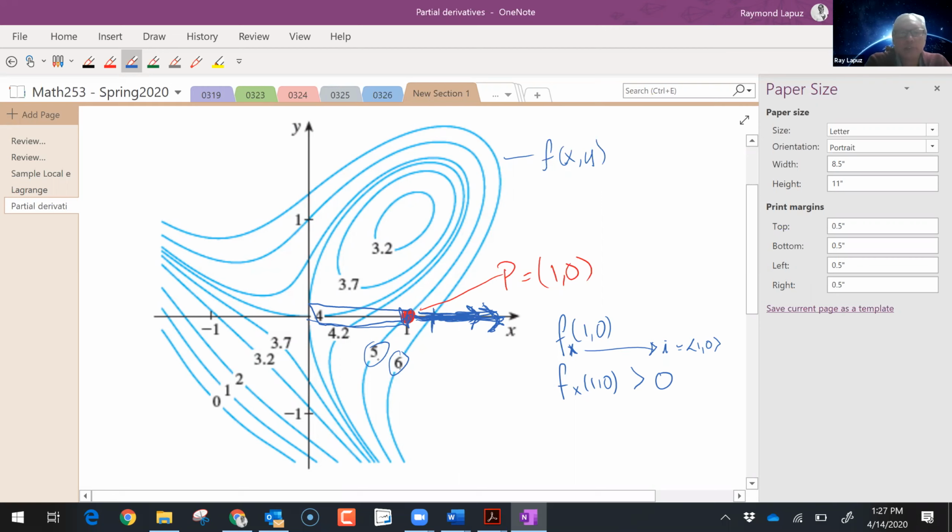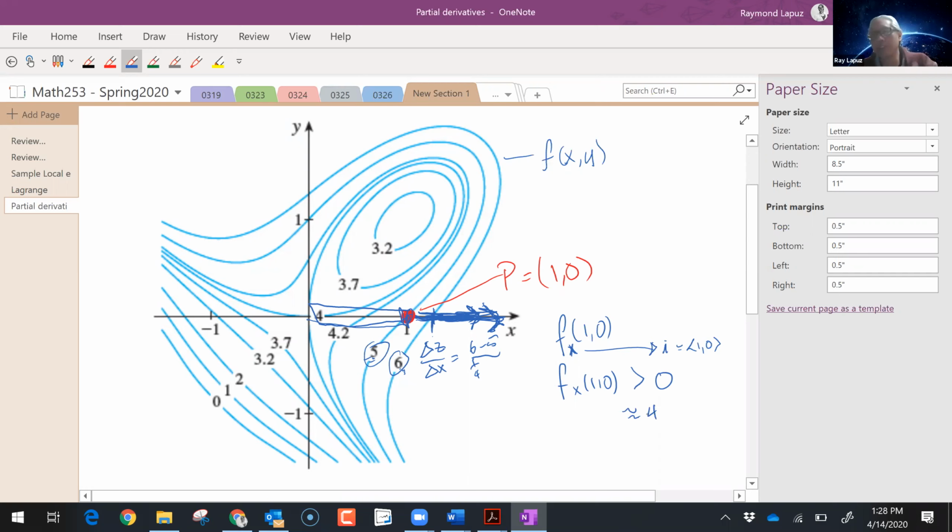The difference in the z's goes from 5 to 6, and this is only about 1/4. So the change in z over the change in x is 6 minus 5 over 1/4, so you can approximate this as 1 divided by 1/4, which is approximately equal to 4.